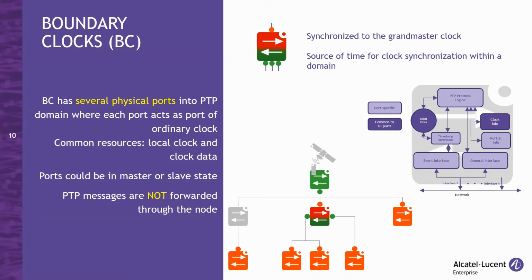Since every port on a boundary clock acts as an ordinary clock port, this is also reflected in the PTP blocks within a boundary clock. There is still a single local clock per node and related dataset, but all other blocks are port specific, just as in an ordinary clock. Therefore, an instance of the protocol engine and all other PTP blocks will be specific to each port participating in the PTP protocol.